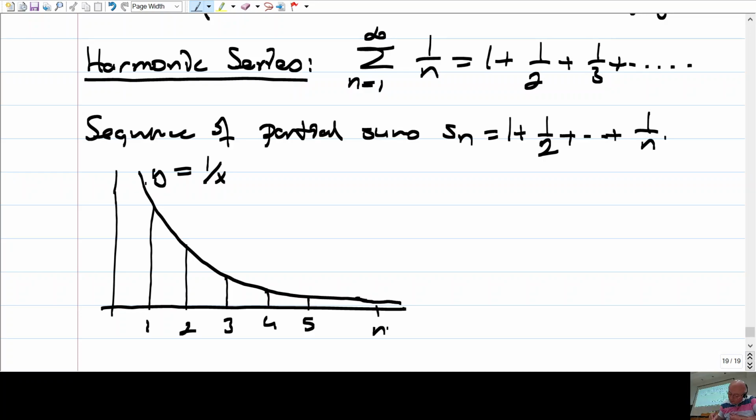Let's say here I have n, n plus 1. And then here you see, I can form these rectangles like this, and so on. And here I will have this rectangle.